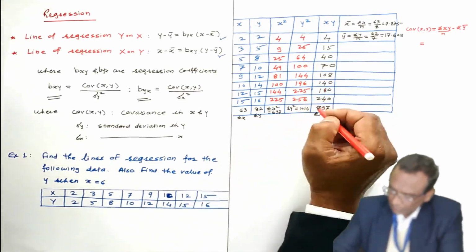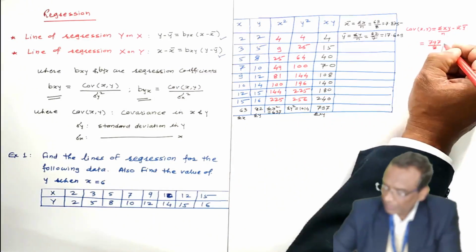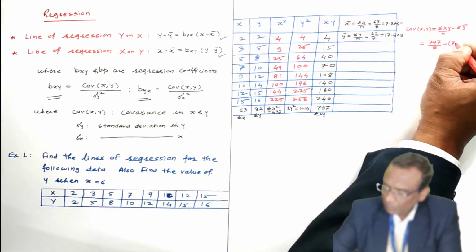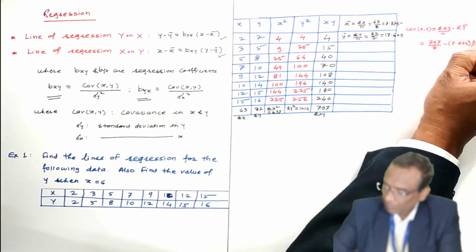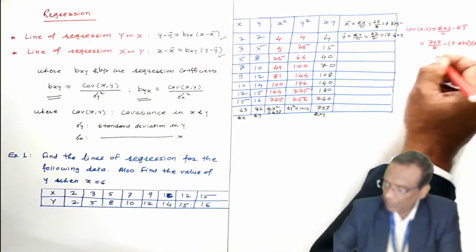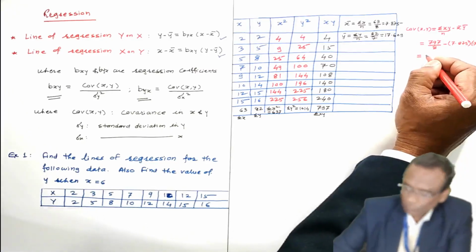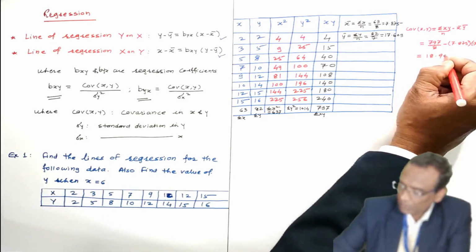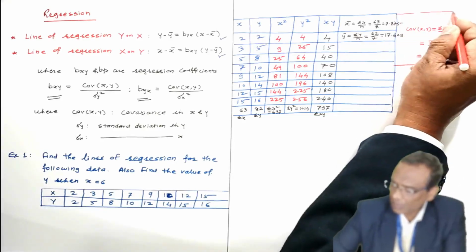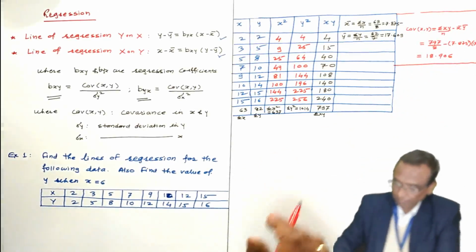Summation xy is 797 by 8, and x bar is 7.875, multiplied by 17.609. If you calculate it, the covariance I am going to write directly as 18.906. This is the covariance of x and y. Just the formula is enough: use the formula, put in the values and get the answer.